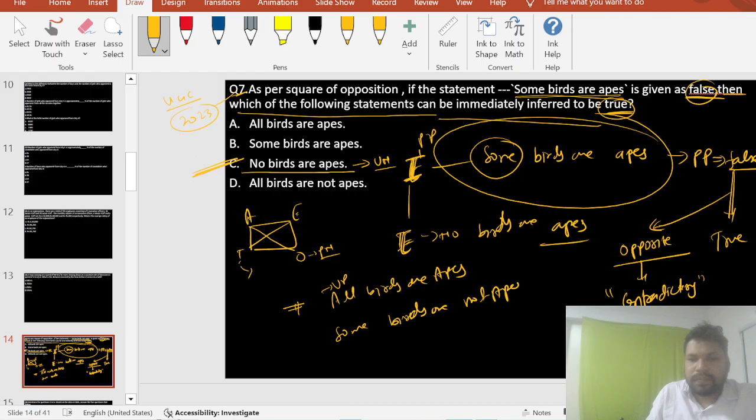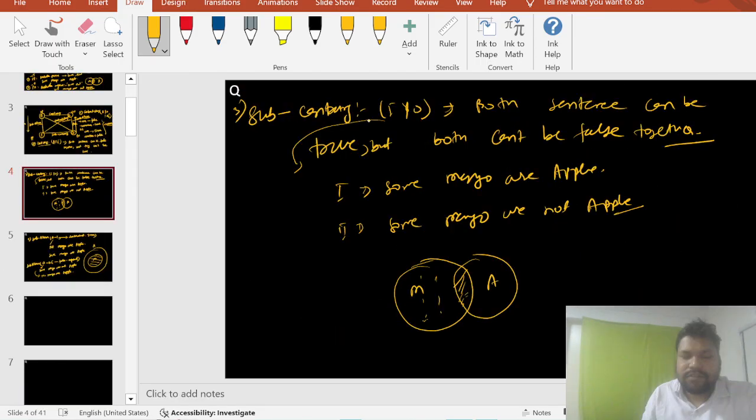Sub-contrary means both sentences can be true, but both cannot be false together. Here it says they cannot be true, but they can be false. It means it is a contrary.